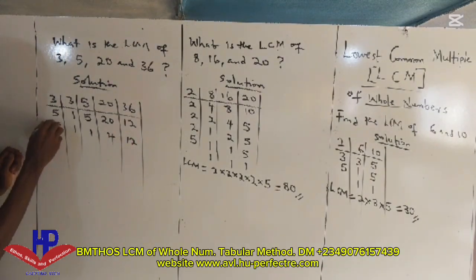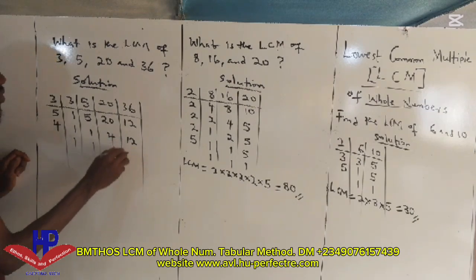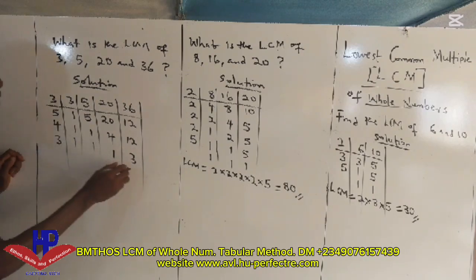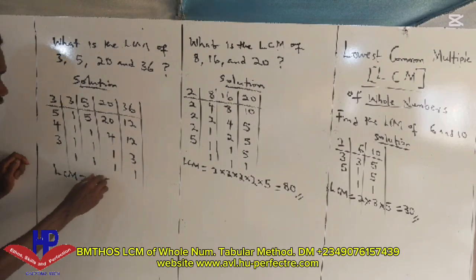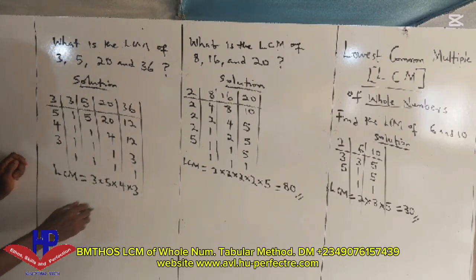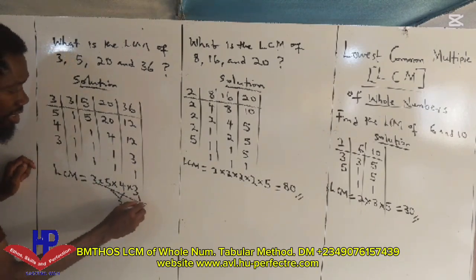4 can divide itself. Bring down 1, bring down 1. 4 in 4 is 1. 4 in 12 is 3. Then 3 will divide itself: 1, 1, 1, and 1. So our LCM will be 3 times 5 times 4 times 3. 3 times 5 is 15, 4 times 3 is 12, or 5 times 4 is 20, and 3 times 3 is 9.